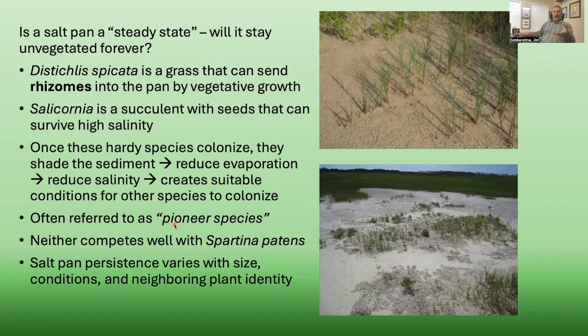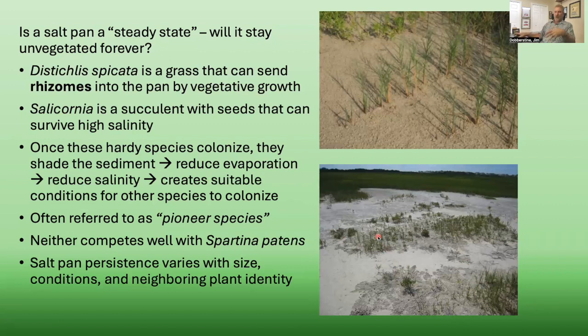Because once these pioneer species move in, if they're successful in colonizing enough of this, they can actually modify the soils in a way that will allow other plants to start to colonize it. But it is a very long process. For those of you who studied ecology earlier in your college career, you've probably studied ecologic succession and have heard about other species of pioneer plants.